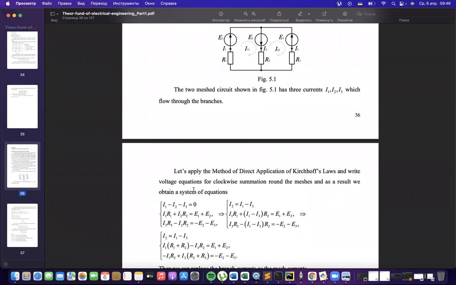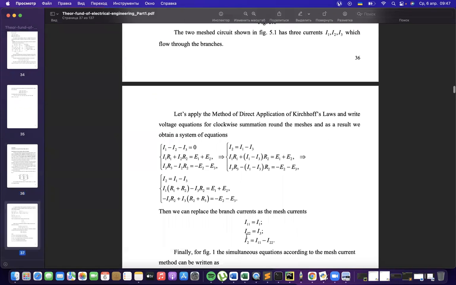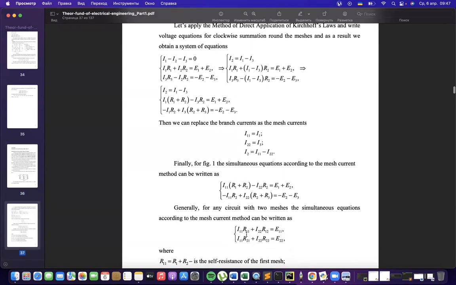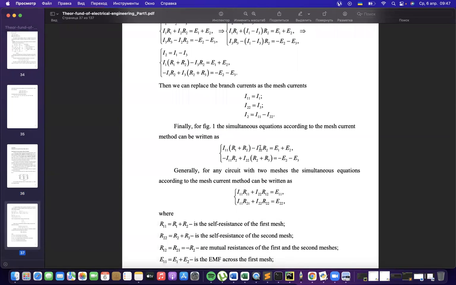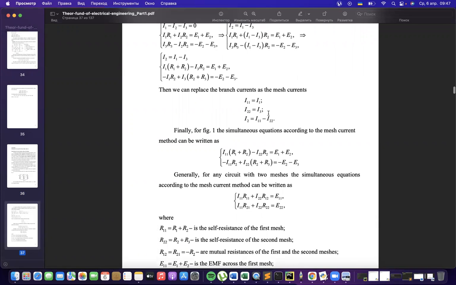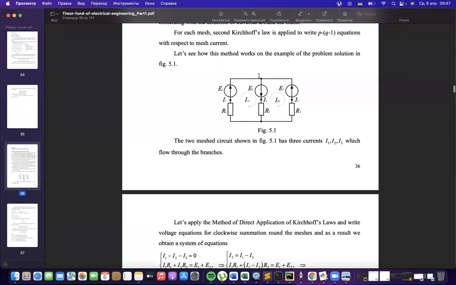If we write Kirchhoff's law for this example on figure 5, we will get 3 equations, 1 for currents in the node, 2 for voltages inside meshes. And then we could make a substitution of real currents with imaginary, mesh currents.